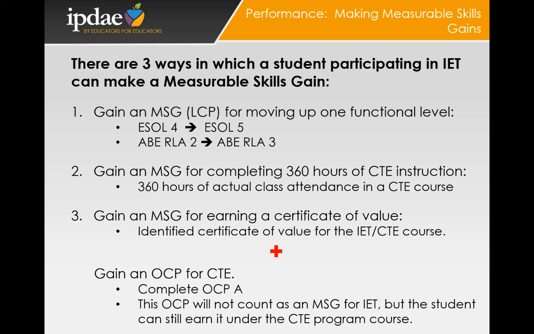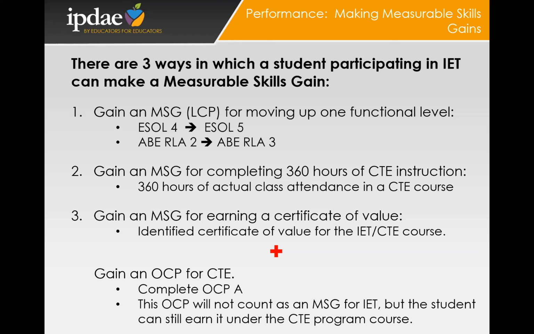The second category, the student can gain an MSG by completing 360 hours of actual class attendance in that CTE class. In other words, when this student reaches 360 hours of attendance in CTE, then he or she will gain 1 MSG.